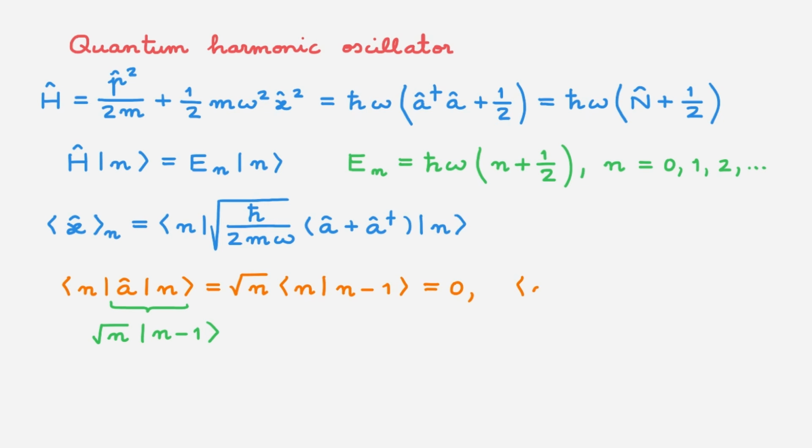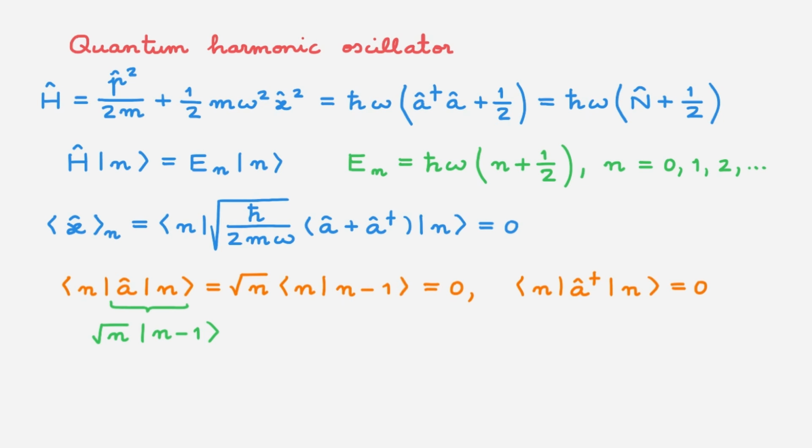Similarly, the expectation value of the raising operator vanishes. And these results imply that the expectation value of the position operator vanishes for any energy eigenstate. As energy eigenstates are stationary states, their expectation value is time independent and so basically stays at 0 at all times.